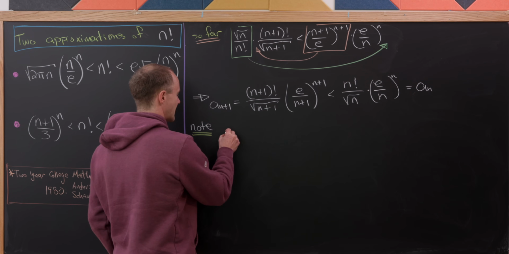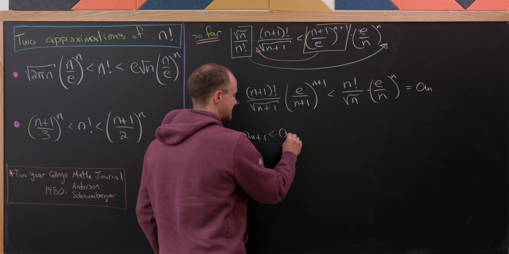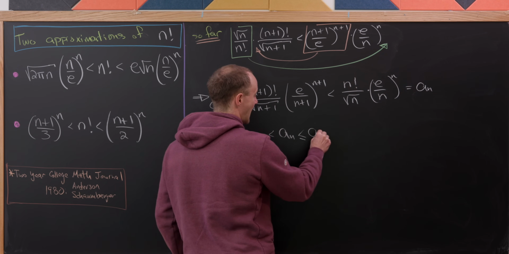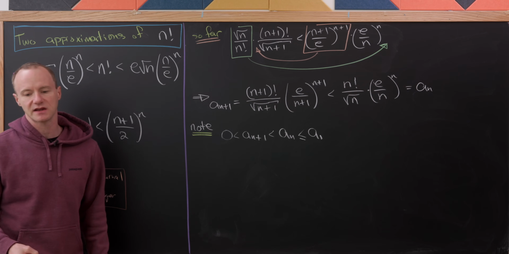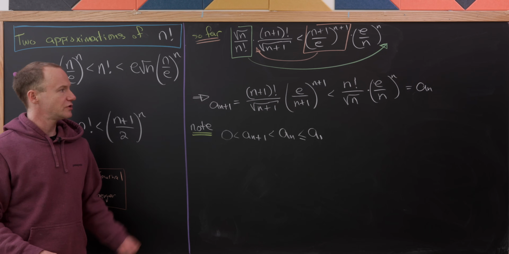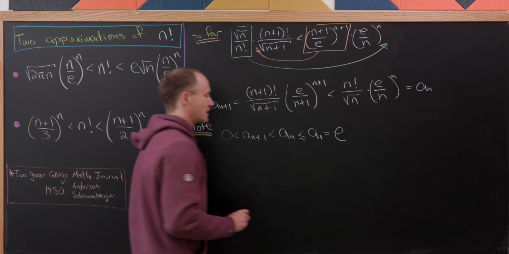And that is that we have 0 is less than a sub n plus 1, which is less than a sub n, which is going to be less than or equal to a sub 1, obviously depending on what n is. But a sub 1, well, you can pretty easily see that a sub 1 is equal to the number e.